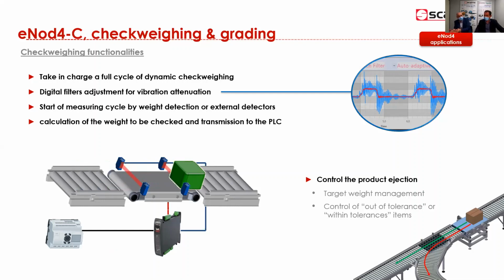The weight value is sent to the PLC, and the PLC takes charge of the separation and product ejection. Or, if you change your products from time to time, it's also possible simply from the PLC to send new parameters to the eNod4 to start a new production process.